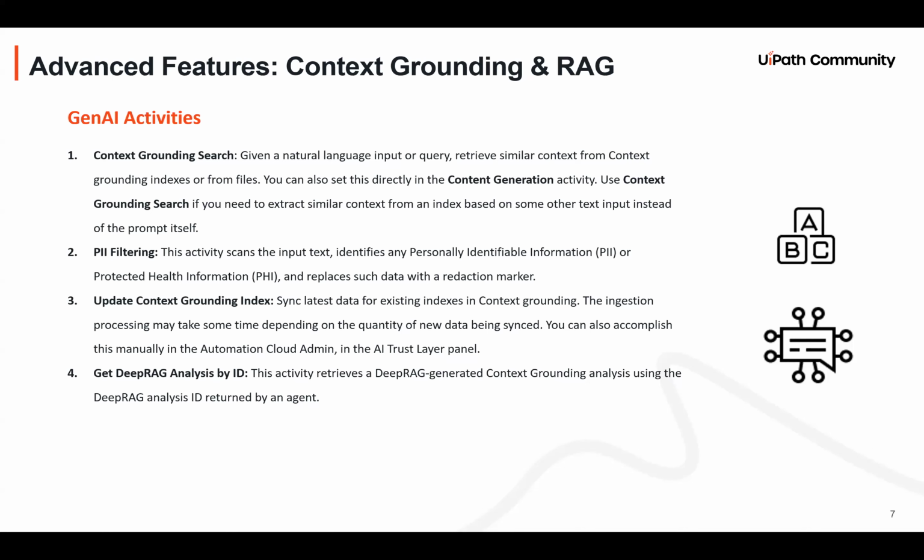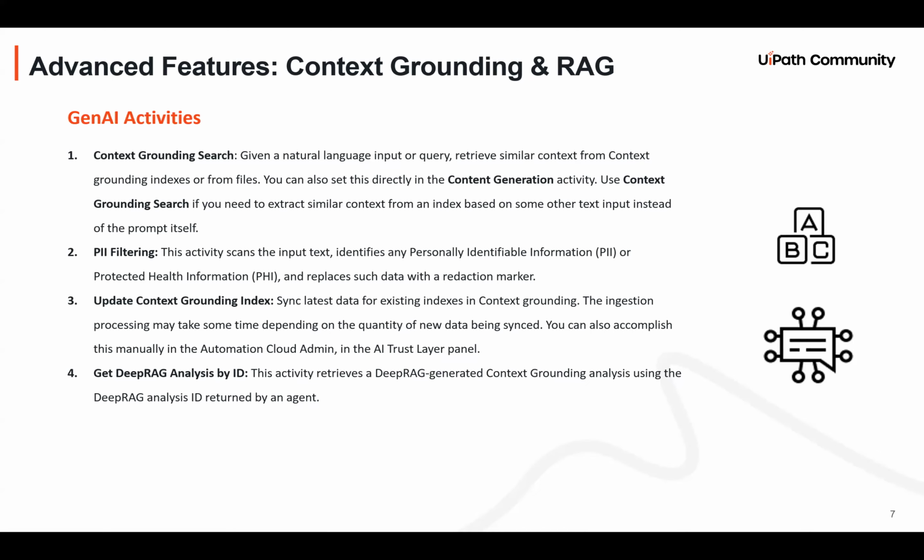This query retrieves similar context from context grounding indexes. Here we will be creating an index from files, and you can also set this directly in the content generation activity we just saw in the text and analysis category. We can directly enable context grounding in that activity, and the content generation is more accurate and less hallucinated for our further purposes.